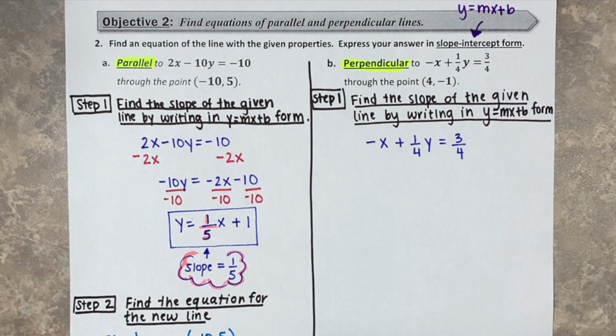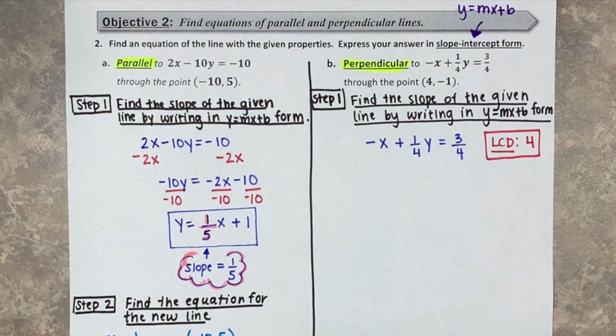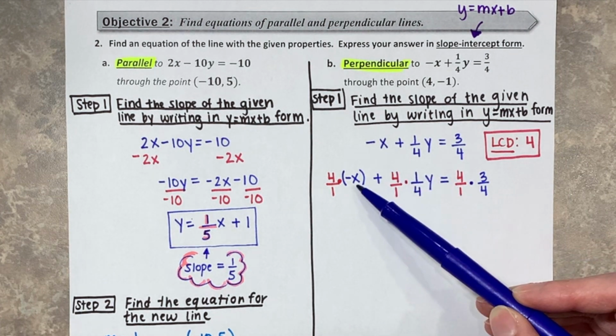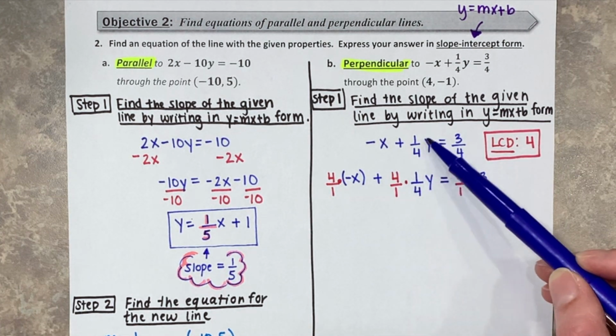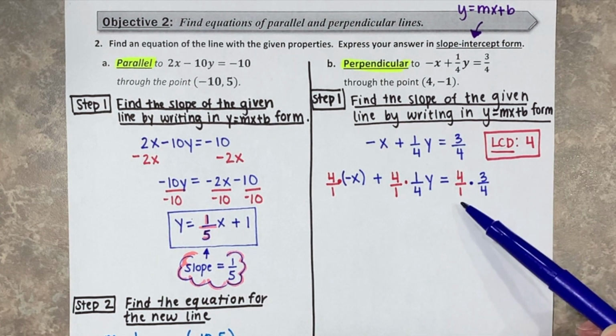To start, the LCD for this problem is 4. So let's go ahead and multiply each term by the LCD over 1, and that'll get rid of the fractions. Okay, I've multiplied this term by the LCD over 1, this term by the LCD over 1, and this term by the LCD over 1.